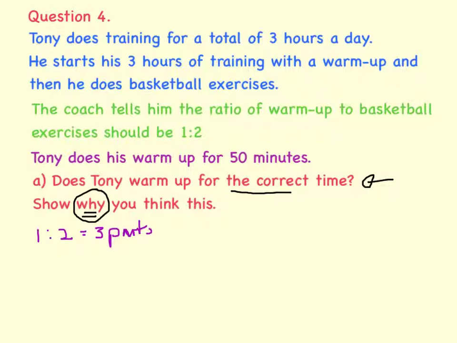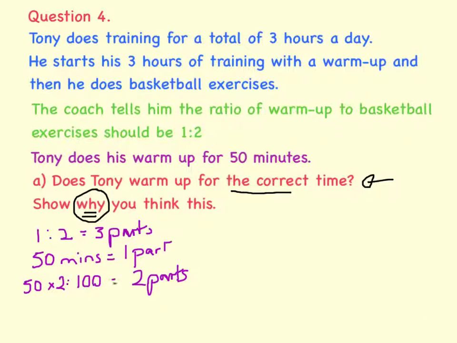If he warms up for 50 minutes, that's going to be 1 part. His basketball exercises are going to be 2 parts. To work that out, we would multiply 50 by 2, which gives us 100, which would equal 2 parts.